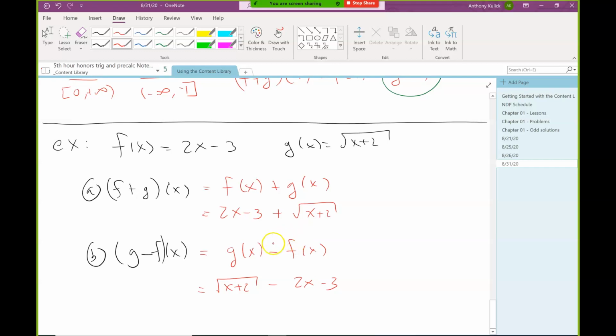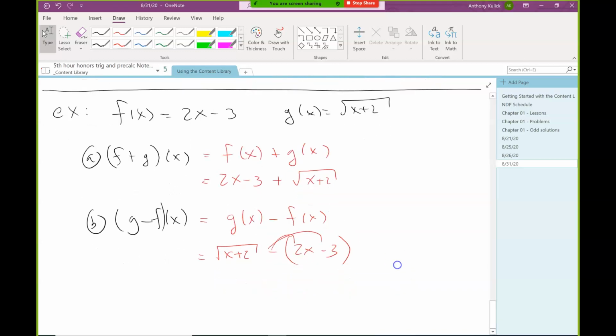Yeah, so remember that this negative sign is applying to the entire f of x. So when we write this down, we really need to put a parenthesis around it, because positive, when it distributes, doesn't really do anything, but negative, when it distributes, definitely makes a difference. And as Abigail said, that should be a +3 rather than a -3.